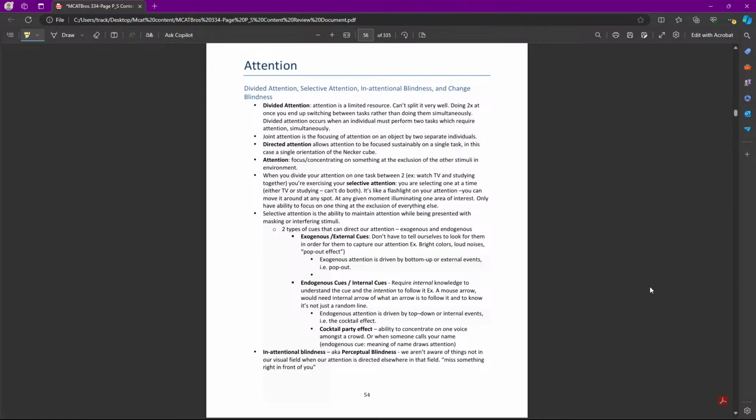In attentional blindness, aka perceptual blindness, we're aware of things not in our visual field, our attention is directed somewhere in that field. So, example, we can't find Where's Waldo for a minute.